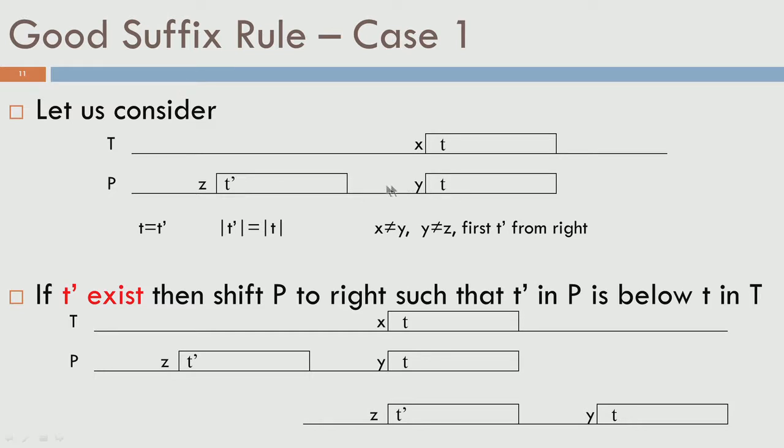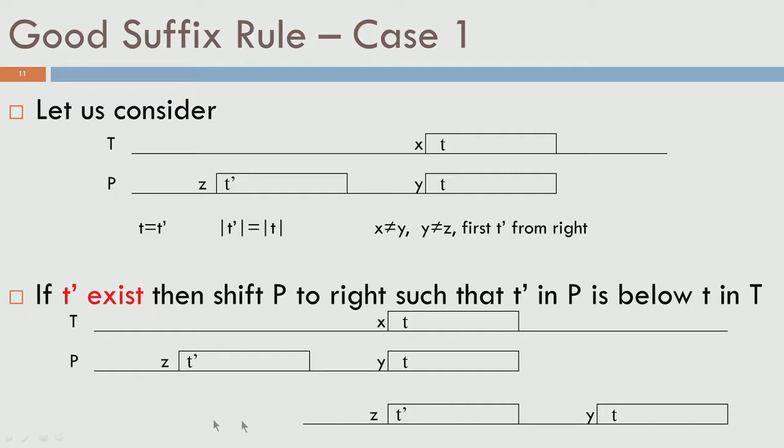If t occurs again as t prime to the left of t, and let us assume that this is the first occurrence of t prime as we go from the right to the left, then the natural shift would be to shift p so that t prime matches with this t, as displayed in this particular picture.